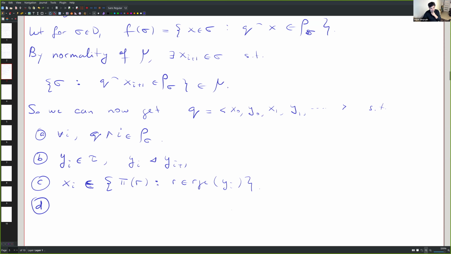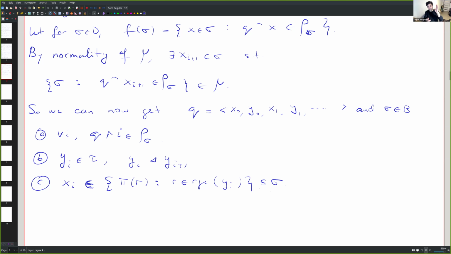What I want to say is that we can get Q and sigma in B such that this is a subset. So okay, what is the sigma? At each step we have measure 1 many sets, right?